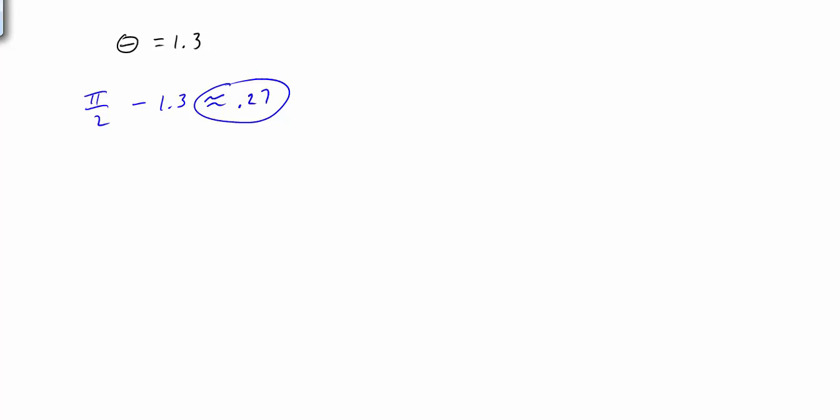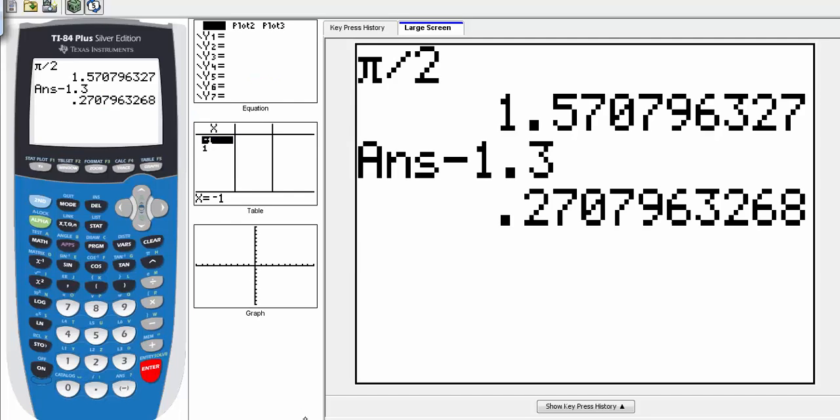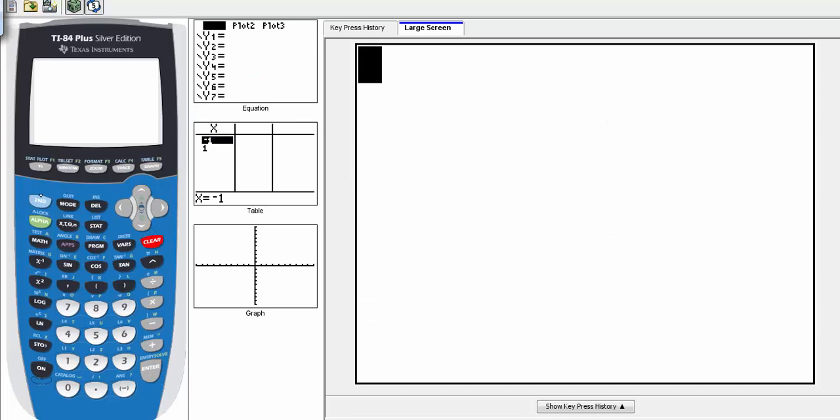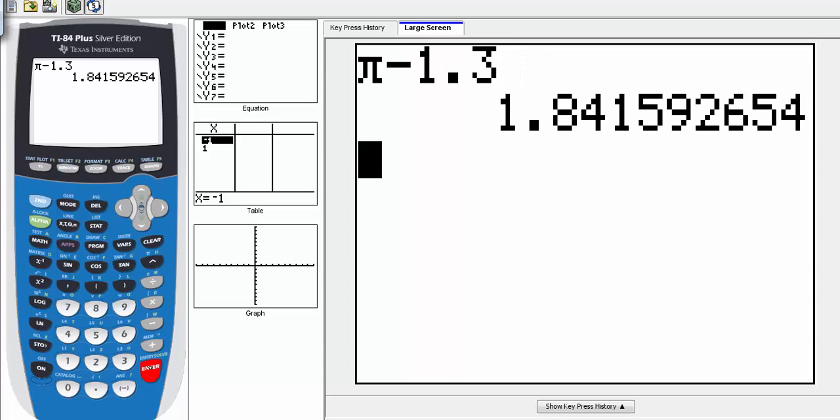If we want to find the supplement, then we would take our pi and subtract away the 1.3. And now we know pi is approximately 3.14, or once again, we can go to the calculator, second function, hit the key for pi, and we want to subtract away 1.3, and we get approximately, we'll go to two places, 1.84.